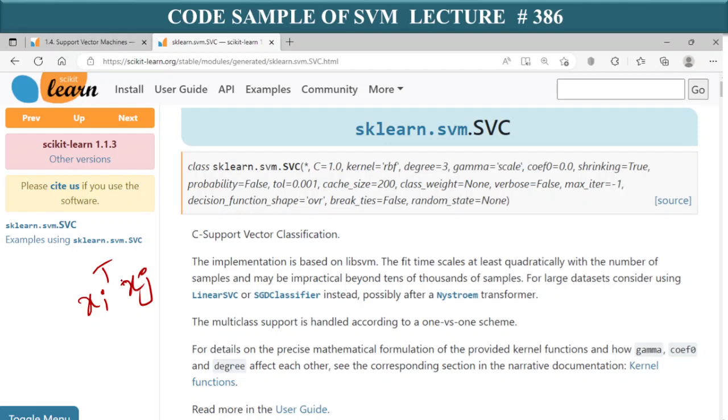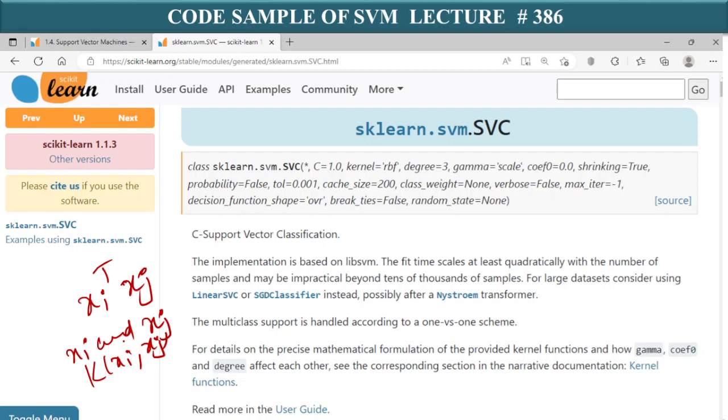Given every pair of points Xi and Xj, if you have the kernel K of Xi, Xj, you can give the precomputed kernel itself, or you can define your own kernel function and give it here. If you are a domain expert who knows how to measure similarity between the points, you can design your own kernels.